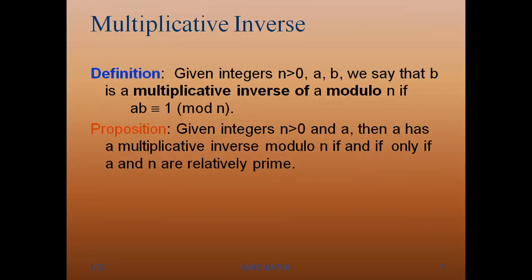Next, multiplicative inverse. We're taking two integers, A, B, and n as a positive integer. We say that B is a multiplicative inverse of A modulo n if AB is congruent to 1 mod n.